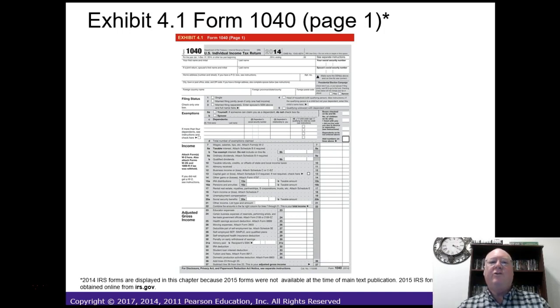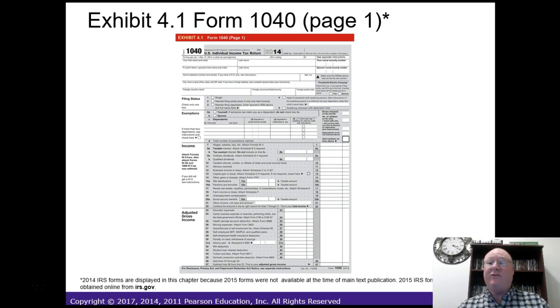For example, if you are receiving interest, there's a Schedule B that is required, and also dividends. You also can recognize that on Schedule B. And over on Schedule B, it'll give you the dollar amounts: if you have interest above a certain dollar amount, you then have to report in detail where those interests came from.